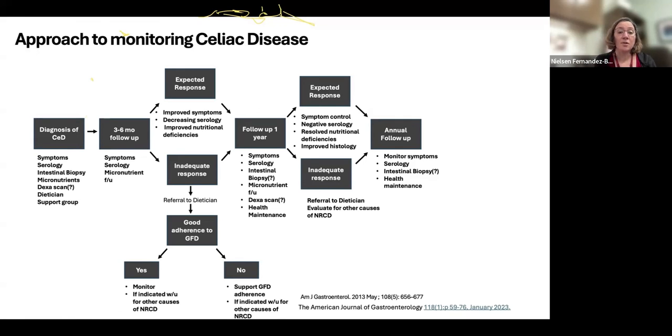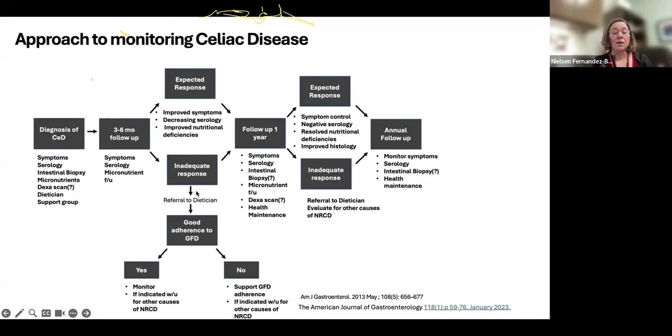And then at every juncture, we basically assess the symptoms. Are things getting better or not? We tend to check micronutrient deficiencies very early in the course so that we can replete them, and we follow those over time. And if patients are having symptoms or the response is inappropriate, that will trigger an evaluation.